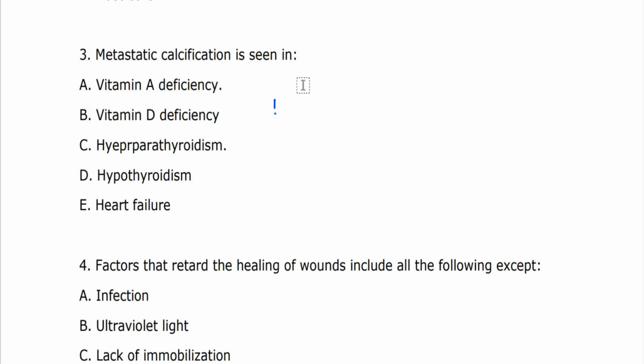That's metastatic. So you see that in hyperparathyroidism, obviously, where there's an increase in the amount of serum calcium, mainly ionized, and then it begins to deposit in normal tissues. So you have hypercalcemia.